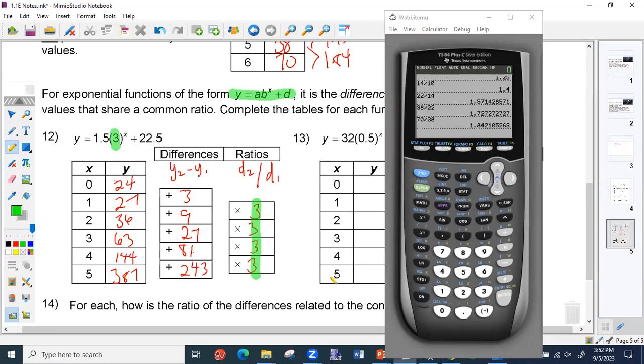Our A value is where it gets tricky. Our A value is now a combination of two things. Your y-intercept value now comes from your A plus your D. Do we see that? 1.5 plus 22.5.